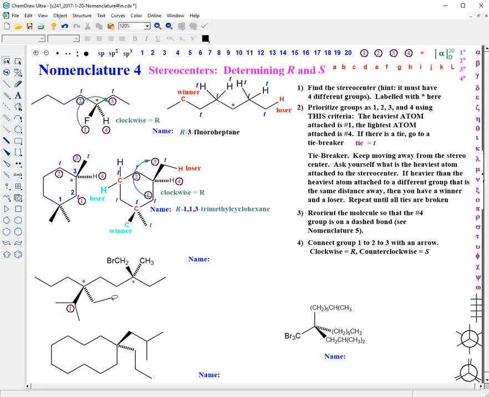It goes to a C that has 2 H's and yet another H. The H is a loser. Eventually, you'll get to a point where you will quickly see the CH2 on the right is going to beat the CH2 on the left because it remains tied up until this C, the 3rd C away, ties the 3rd C away. That C has nothing but C's. This C has nothing but H's. We have our 2 and we have our 3.